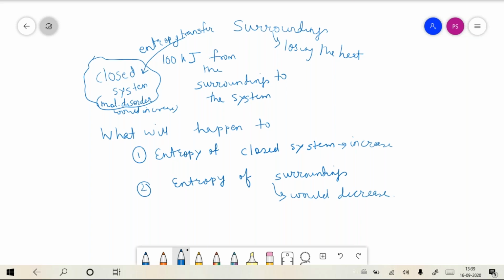Let me ask you another question. I hope this is clear to you that when there is a heat transfer from the surrounding to the closed system, the entropy of the surrounding would decrease and the entropy of the closed system would increase. So let me now ask you another question.